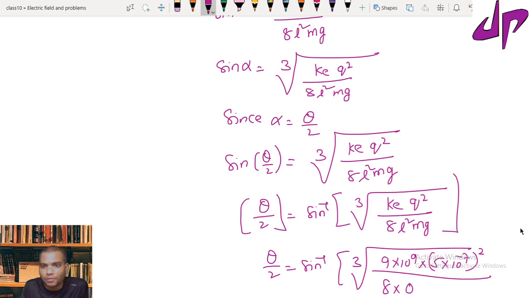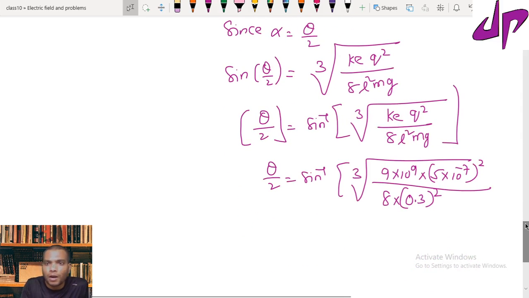So L square, if you convert that to meters, 0.3 square meter squared, and the mass is given as 100 grams, that becomes 0.1 kg, and gravity 9.8 meter per second square. If you do the simplification, you can get the value of theta.